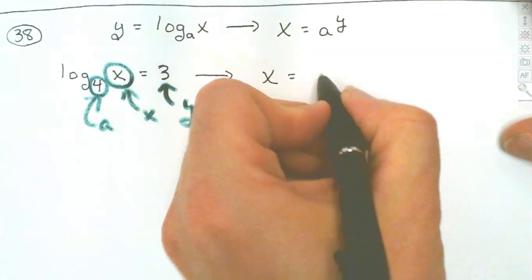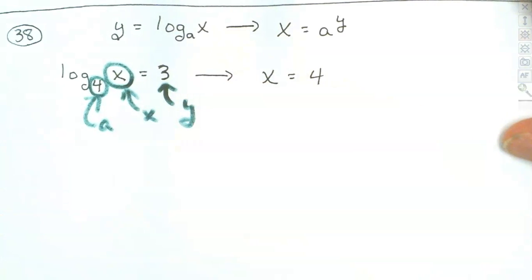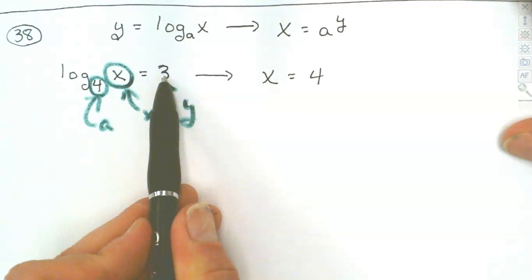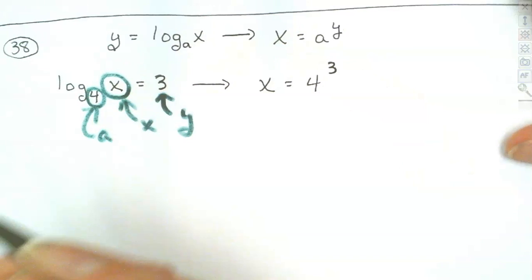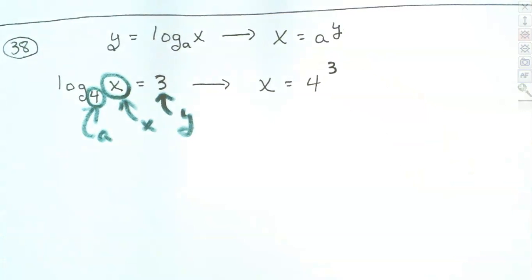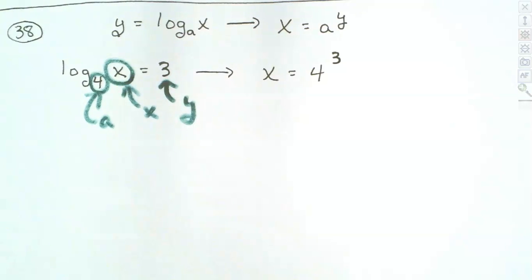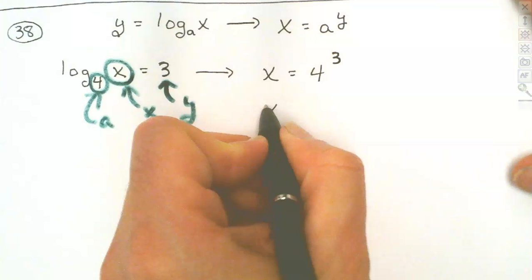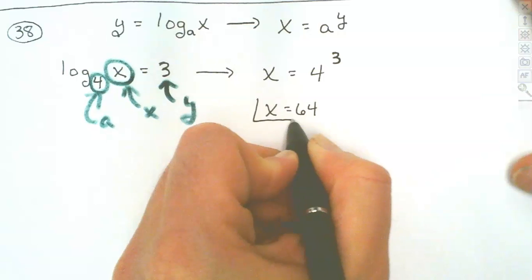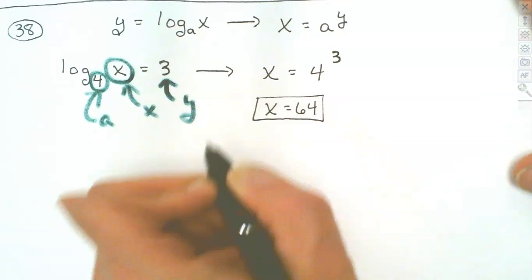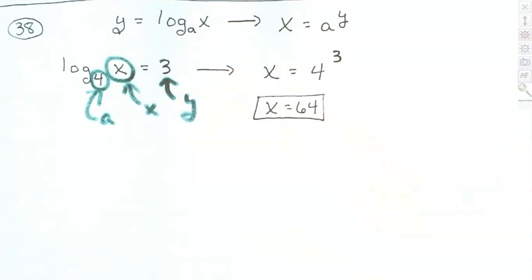Our base is 4. Our exponent is what? The y, and that is 3. This one's actually easier than the others that we just did because all we need now is 4 cubed. And what's 4 cubed? 4 cubed is 64. So what's our answer? X equals 64. The ones I picked are pretty easy to work through.